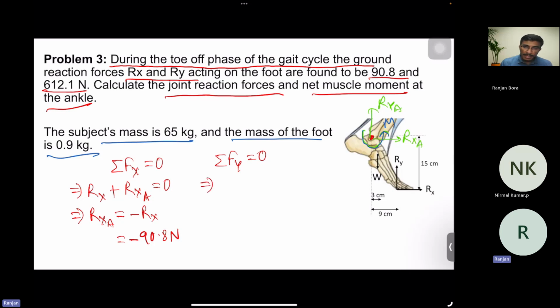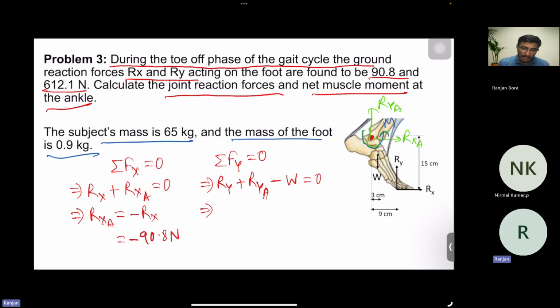Now, if we use the second equation, summation Fy is 0. The forces acting in the y direction are Ry plus Rya, and the weight of the foot W, which is acting in the negative y direction. So it is 0.